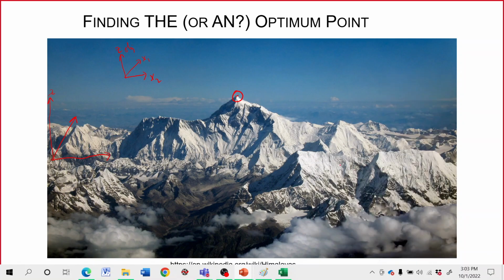You are simply like a blind person, and this blind person cannot see this point. So these algorithms or solvers are simply not us. It doesn't know whether this is the highest peak or not, but it has two capabilities.